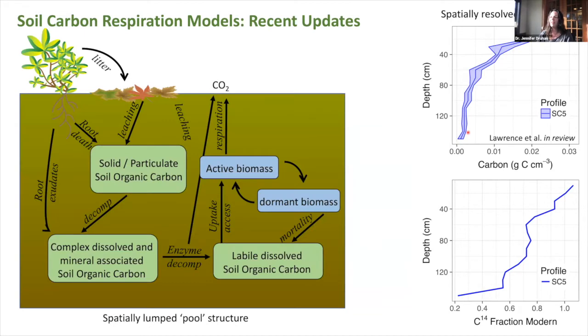So this is a little bit intentionally complicated, but it's an expansion to what maybe some of us would now recognize as a more typical soil carbon cycling model. And maybe the first thing to point out is that it's still basically in and out, coming from the surface and going back out to the atmosphere. And there's been a whole lot of work focused on a variety of different factors in these feedbacks.